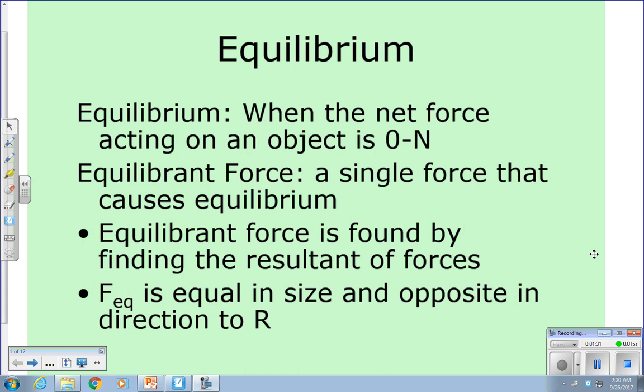So really all you have to do to find the equilibrant force is figure out what the resultant of the other forces is and apply a single force that's equal in magnitude to the resultant, but exactly opposite in direction. So the equilibrant force is equal in magnitude, size, and opposite in direction to the resultant of the other forces acting on the object.